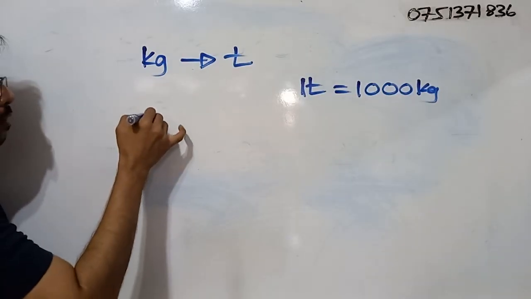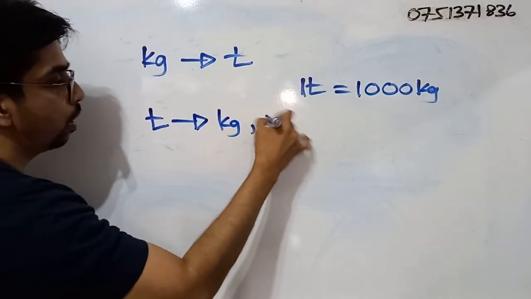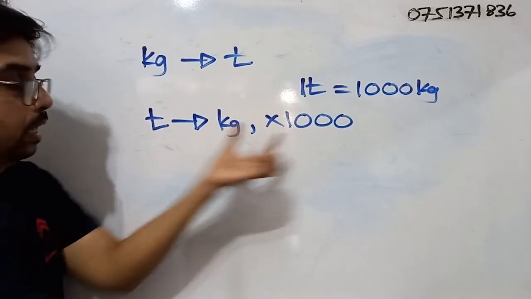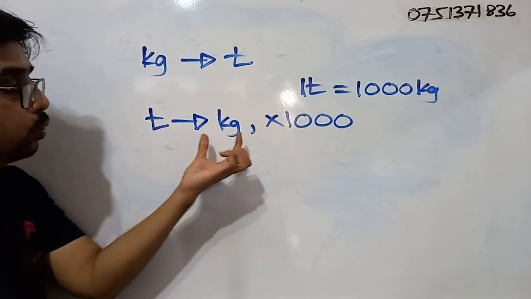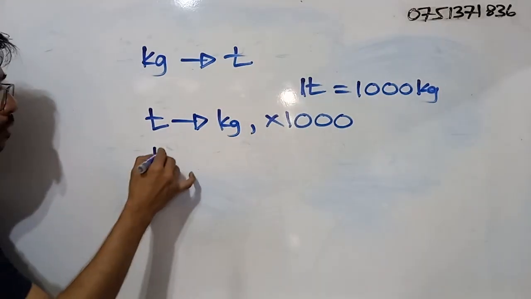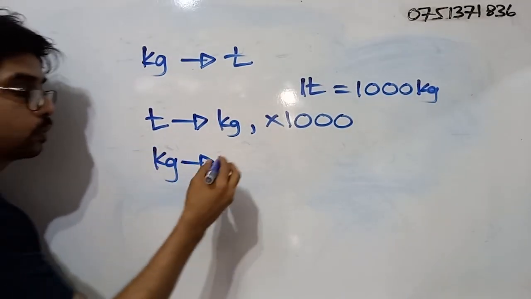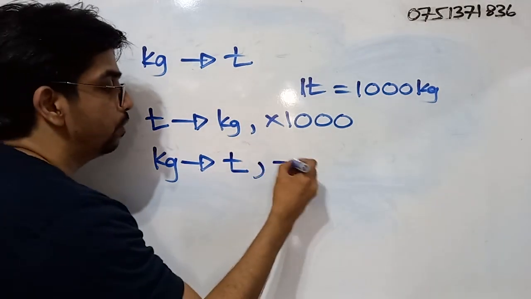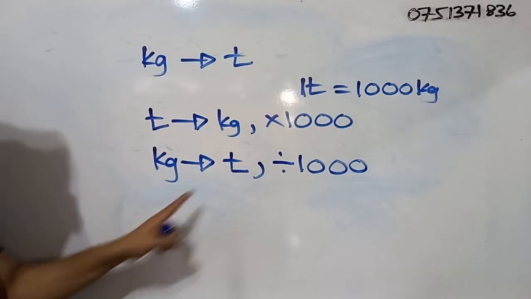If we want to convert tons into kilograms, we have to multiply the given mass by 1000. Now the other way around. The mass is given to us in kilograms, so we need to convert that into tons. What do we have to do? We have to divide by 1000.